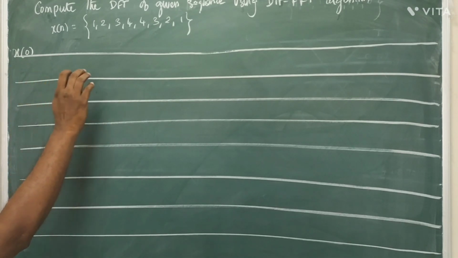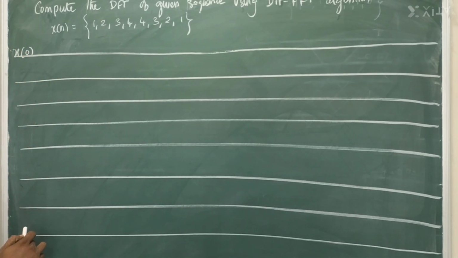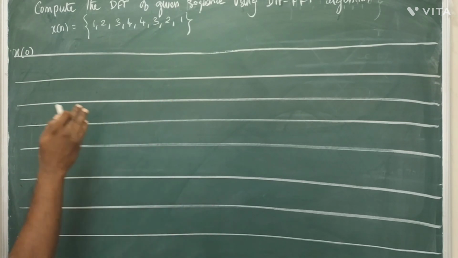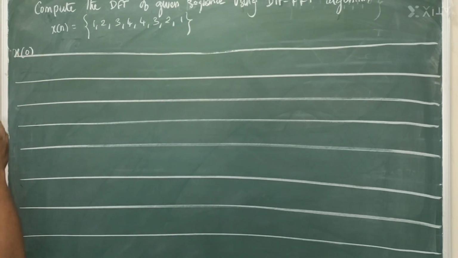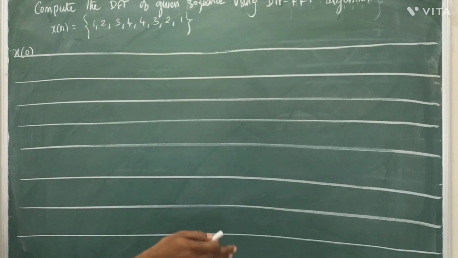Whereas in the output of the DIT-FFT algorithm, the order is 0, 1, 2, 3, 4, 5, 6, 7, but the input of the DIT-FFT is in bit reversal order. So when we complete all the 3 stages, the output is in the bit reversal order. While writing the output sequence, you should be very careful.